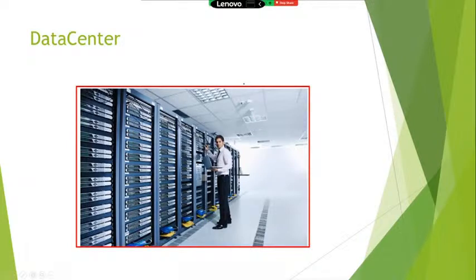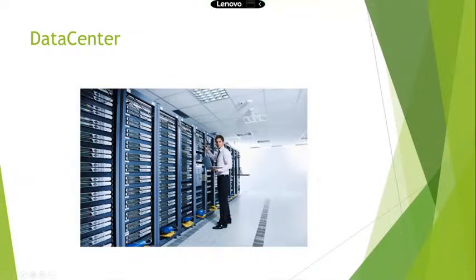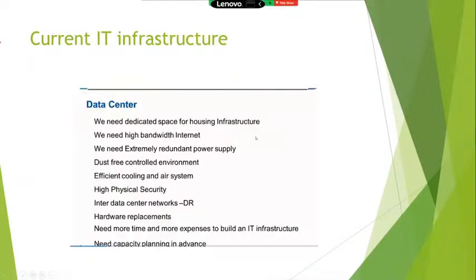So first, we have to purchase a building and design it according to data center rules, regulations and guidelines. After designing the data center, we need many things. What are the things? First, we need dedicated space for housing infrastructure. Next, we need high bandwidth internet.